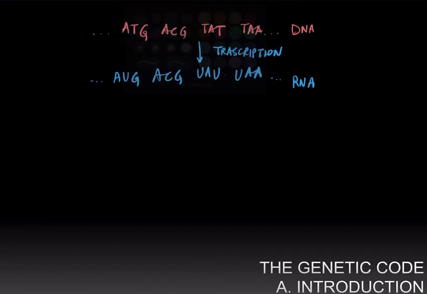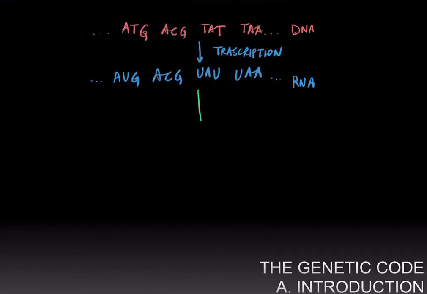which is you make a literal copy of the DNA. On the other hand, if during translation we make a polypeptide based on this messenger RNA sequence, then we end up with a sequence of amino acids: methionine, threonine, tyrosine.